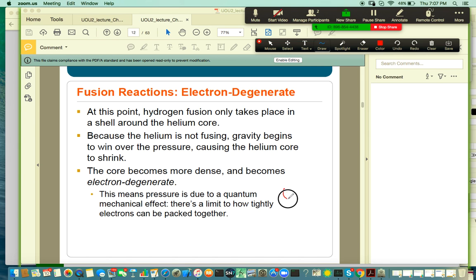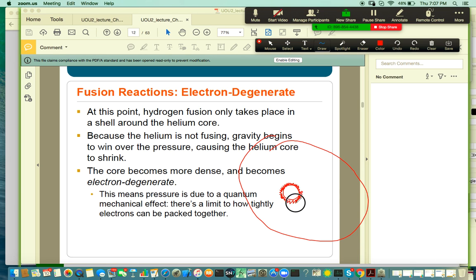So when this happens, if you think about the core, this is the stellar surface, and the core cannot undergo fusion reactions anymore because the temperature is not high enough to allow for fusion reactions.